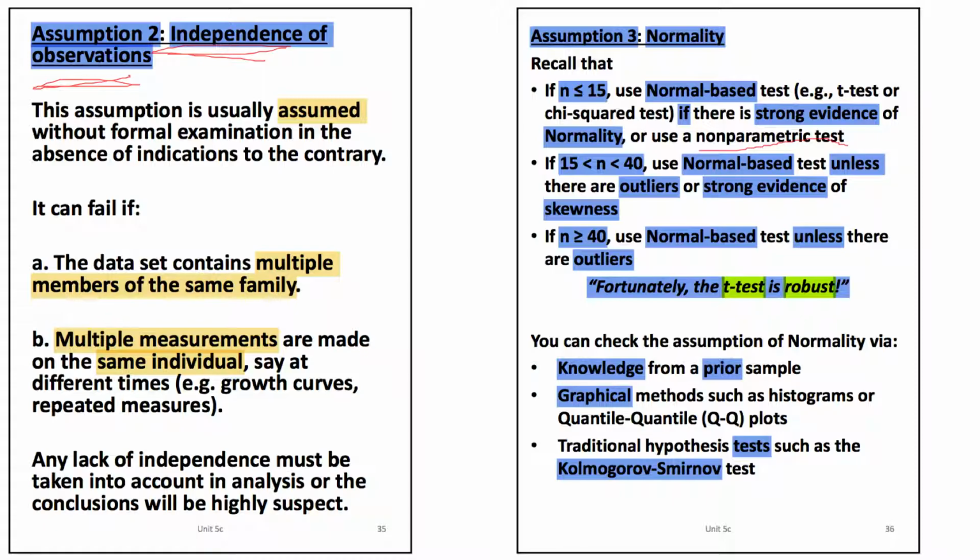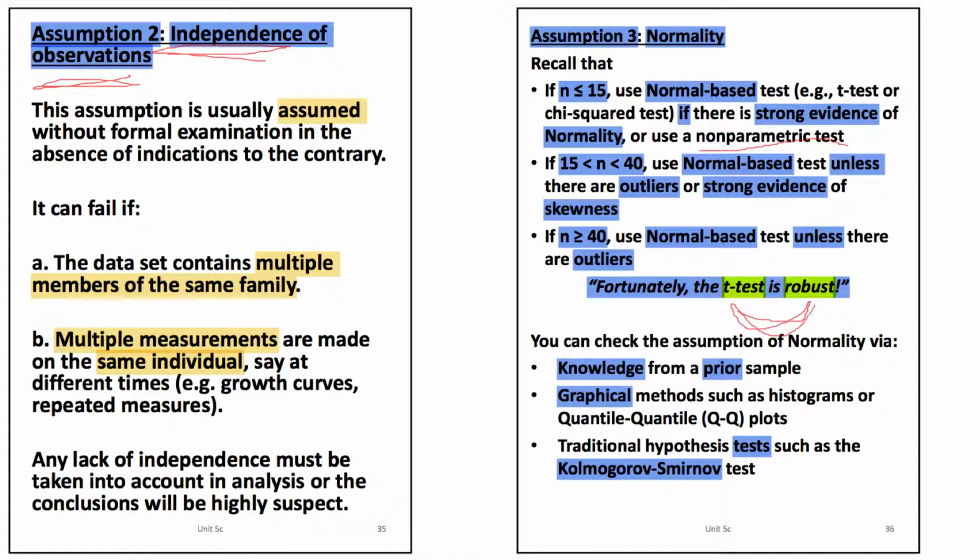This is not something we've learned yet, so don't worry. If n is between 15 and 40, we use a normal-based test unless there are outliers or strong evidence of skewness. And if n is greater than 40, we just use a normal-based test unless there are so many outliers.